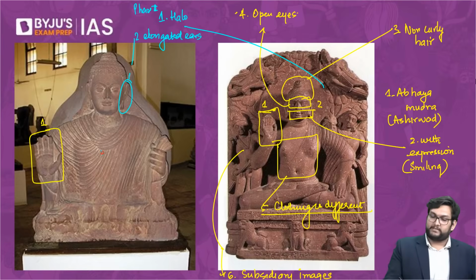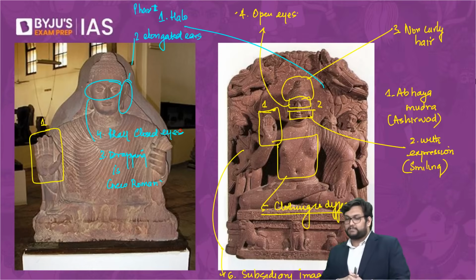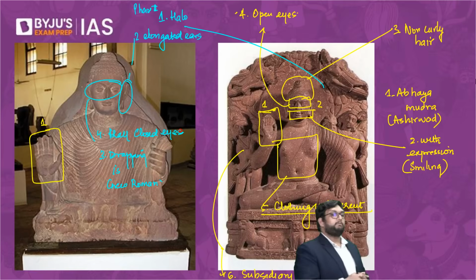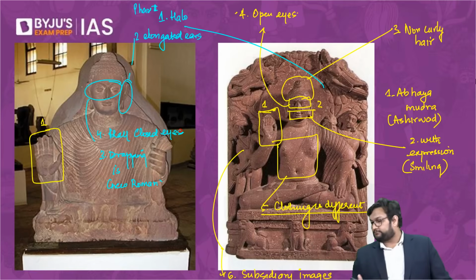Then if you look at the draping here, the draping is Greco-Roman. The half-closed eyes also come through. And there are certain things which permeate into the Mathura school.